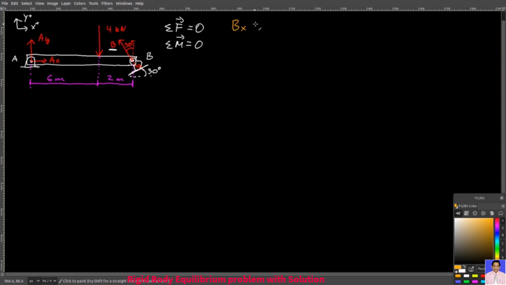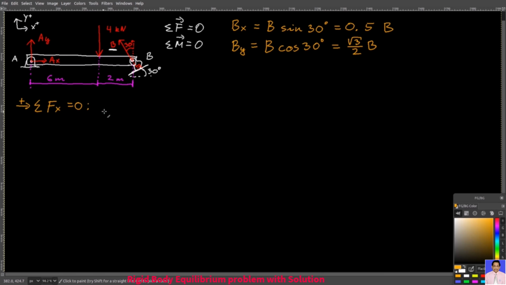So Bx equals B times sine 30 degrees, which is 0.5 times B, and By equals B times cosine 30 degrees, and it's this result here. Then, let's apply the equilibrium conditions. Let's first do it for the forces in the x direction. You have Ax minus Bx, that's going to be 0. In other words, I can write it down like this.